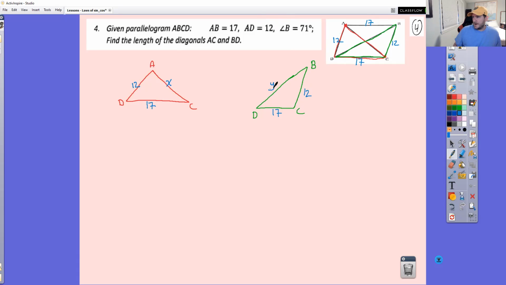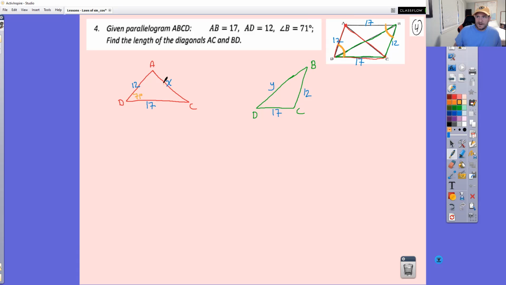We'll call that Y. Right now, I don't have enough information, but they also told us that angle B was 71. So angle B here, that whole thing is 71. But I know that in parallelograms, opposite angles are congruent. So if B is 71, then angle D over here is 71.